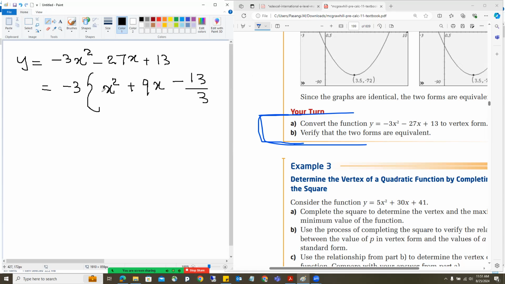Because if we multiply this -3 by -13/3, then we get this plus 13. Now, -3 times x plus 9/2, complete the square.